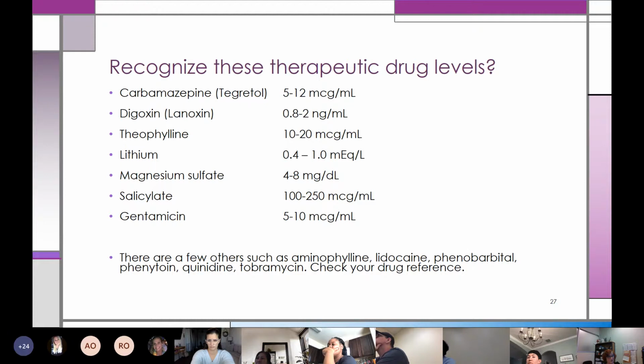It's no longer therapeutic. Then you're going to start thinking, okay, if somebody is toxic, what are the toxic effects I'm going to see? What's going to happen? And each of those drugs is different. So I'm not going to read through all of these, but these are just a few drug levels that we know we have to have therapeutic numbers with. And there's a few down here that I've also given you.